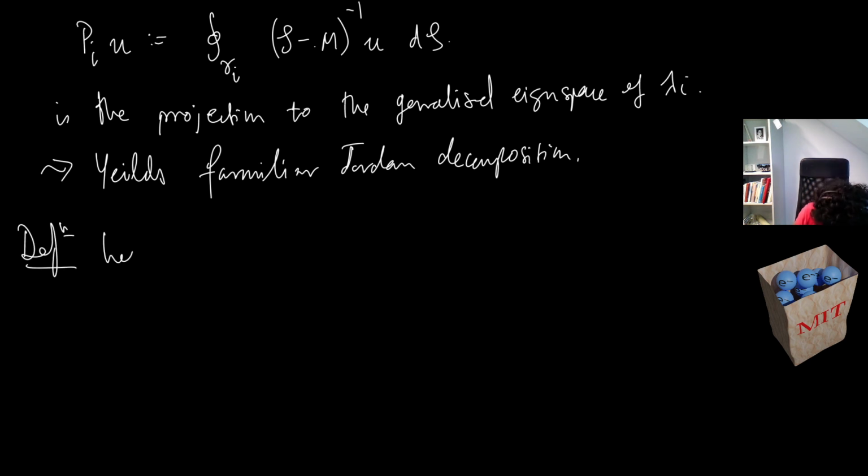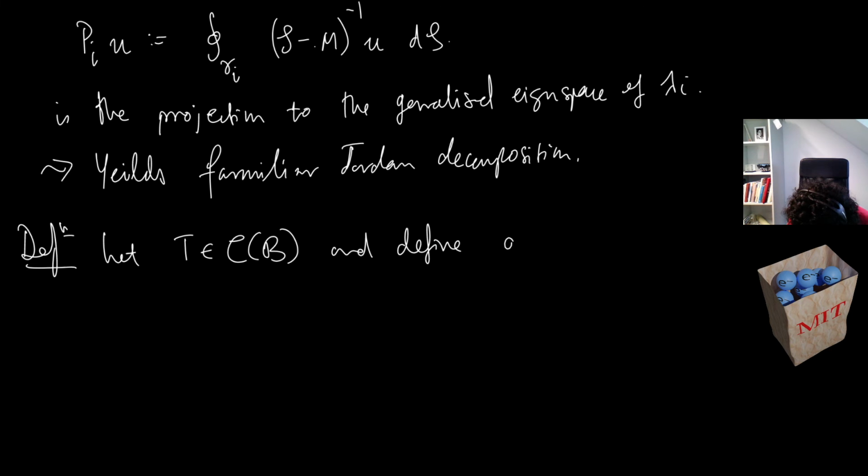Let T be a closed operator on a Banach space, and define the open and closed sectors and bisectors.